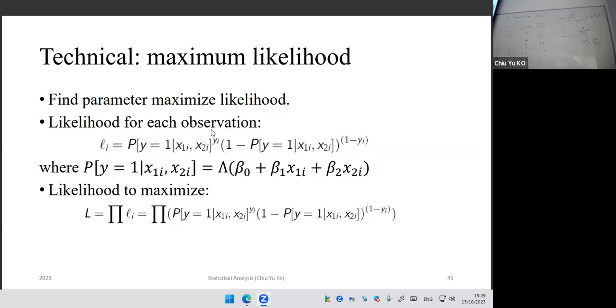Of course, for those of you who never learned MLE, it will be very tough. But the main thing you need to remember is the following. MLE is used for the case where you have to assume the data follows a certain kind of distribution. That has to be parametric. Parametric means that the distribution can be described by several numbers.